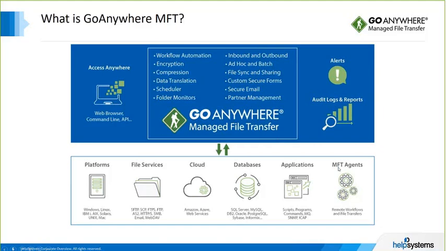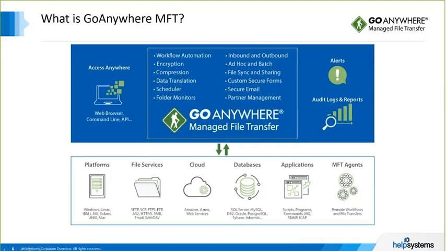So these agents run outside of the network, and when they find files or information and data that needs to be processed, they can call up to GoAnywhere for instruction, and GoAnywhere will send the instruction back to the agents, where the agents can process those files and move those files across any of the applications or databases or file services that the agents have access to.